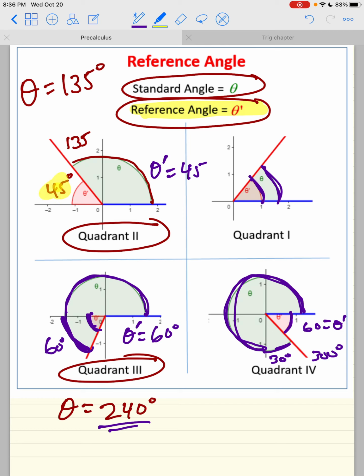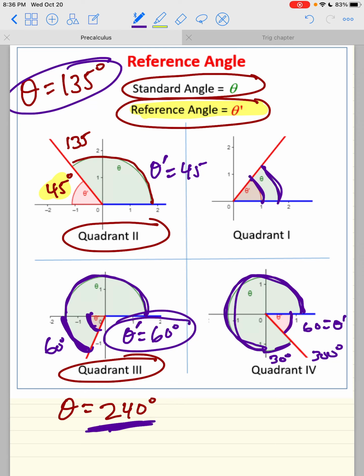How did I get 45? Well, the way that I got 45 is I can choose 180 degrees, take away my standard. That would give it to me. How would I get 60 degrees in quadrant 3 if I know my standard is 240? Well, if I do 240 minus 180, I would get 60.